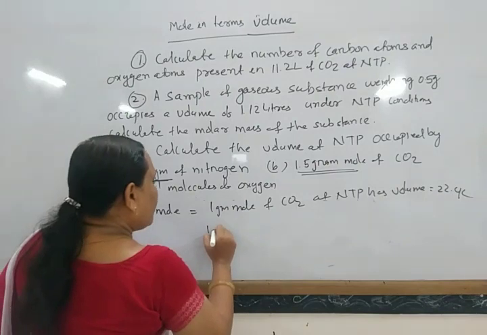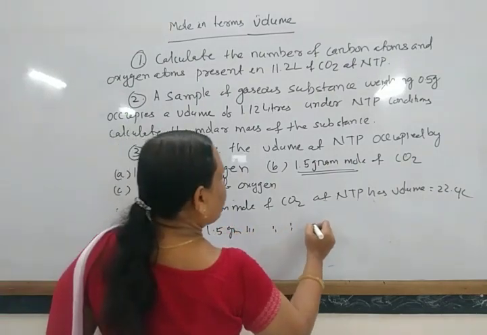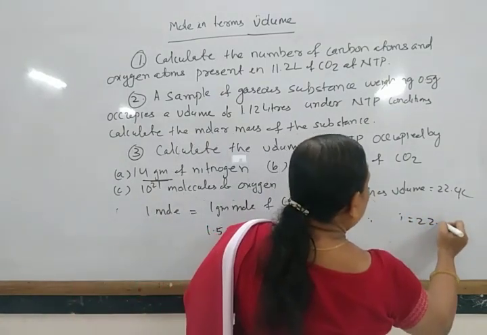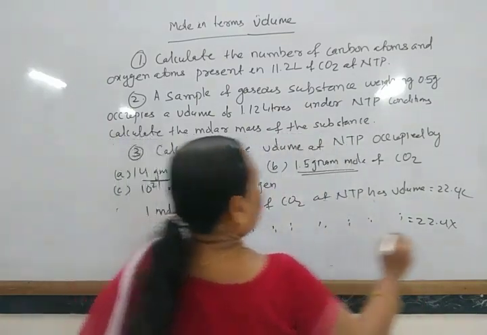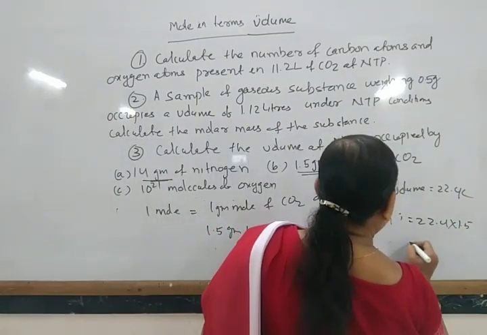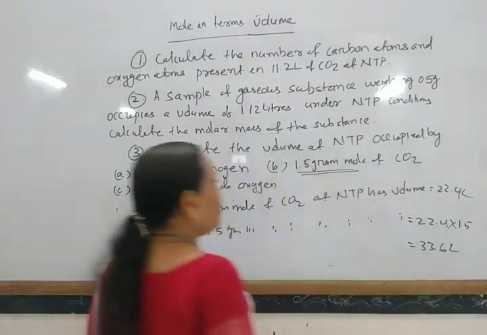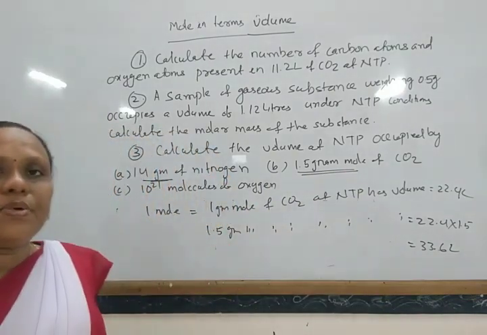Then 1.5 gram mole of carbon dioxide at NTP has volume 22.4 into 1.5, that is 33.6 liter.